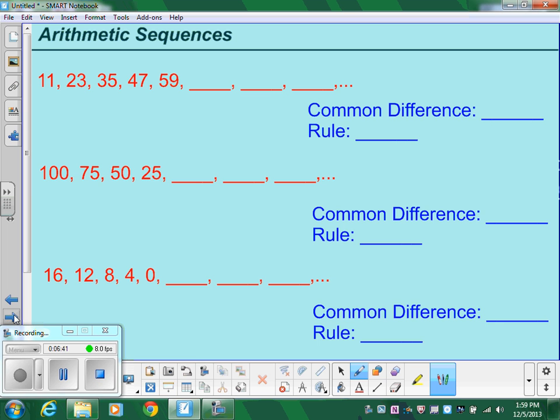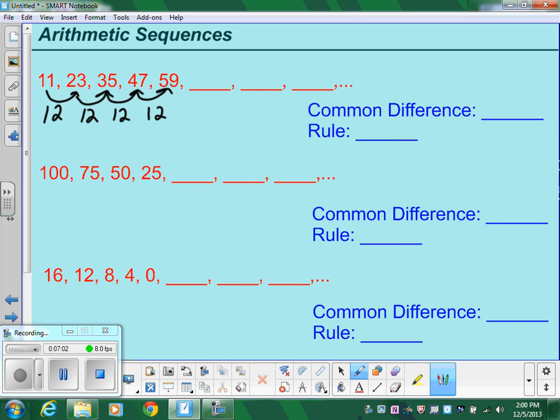If we take a look at the first one here, we could see that there is a change of 12 each time. In which direction, though, is the question. Are we going in the positive direction or the negative?